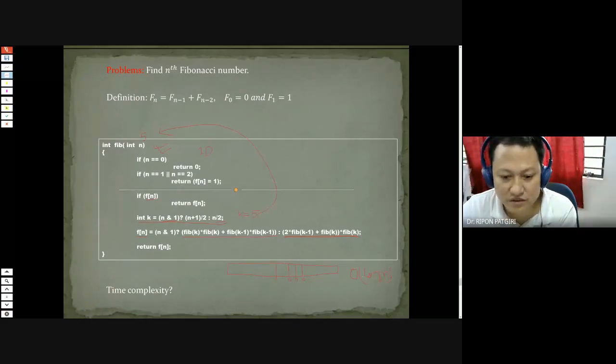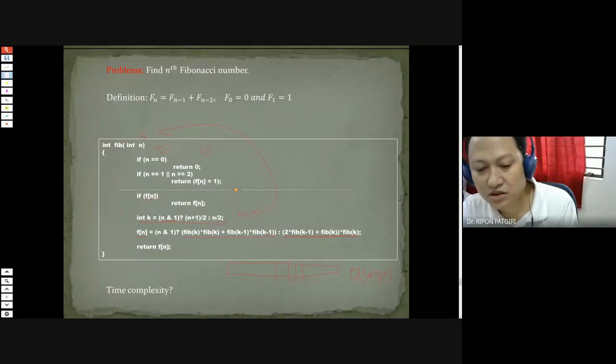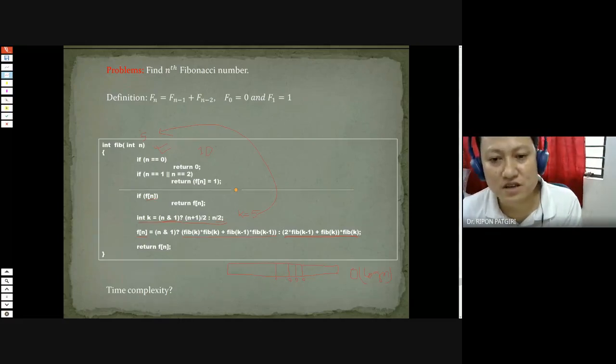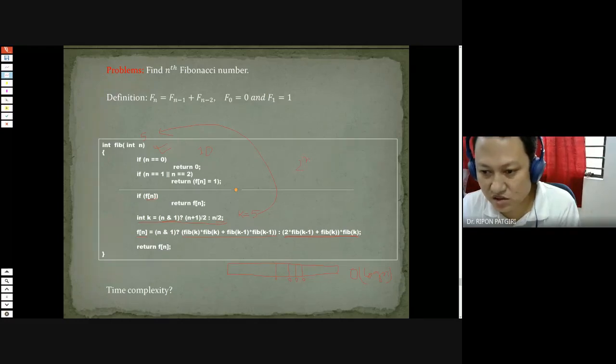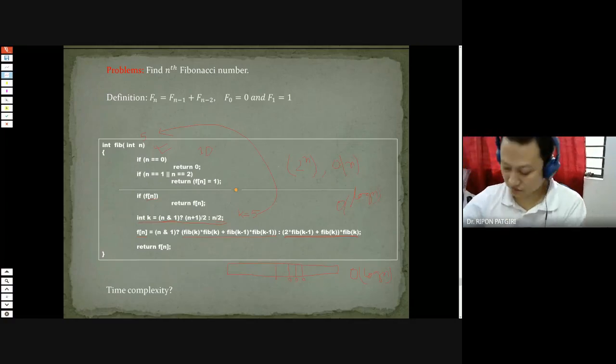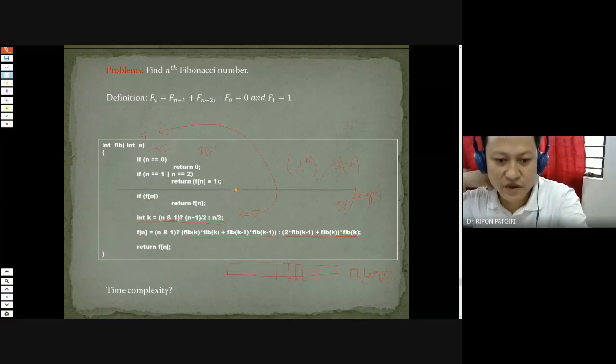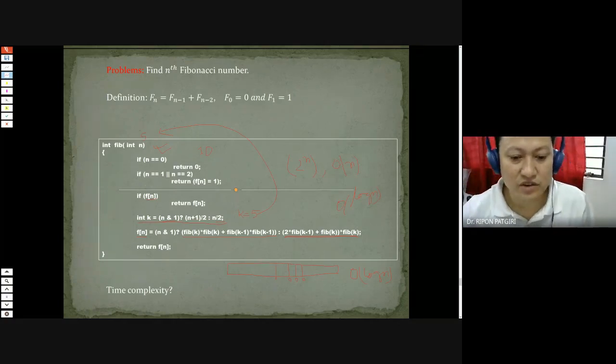The time complexity of this solution also takes big O of log n. It is a much faster solution than the earlier ones, because we have seen the big O of 2 to the power n solution and the big O of n solution. Now we are giving a big O of log n solution. So f(n) is memoization, memorizing the solution.